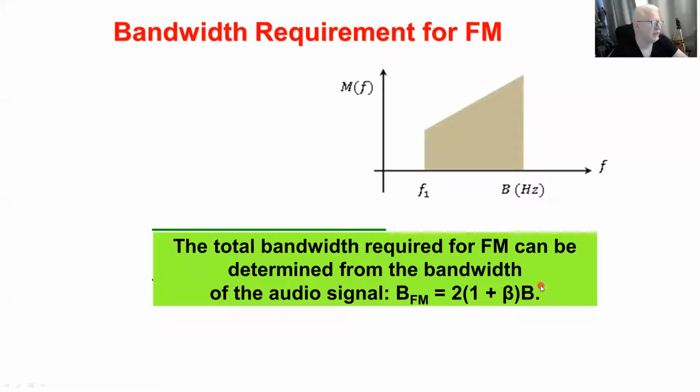So this is one of the major disadvantages of the FM signal. Maybe at the end of the lecture, I will have a quick discussion with you regarding the comparison between AM and FM modulations, and the pros and cons of each type of modulation.